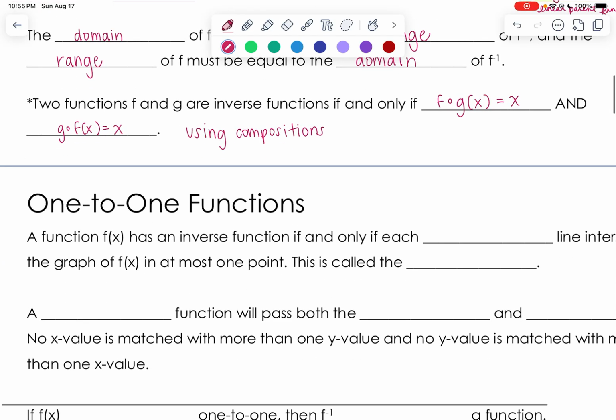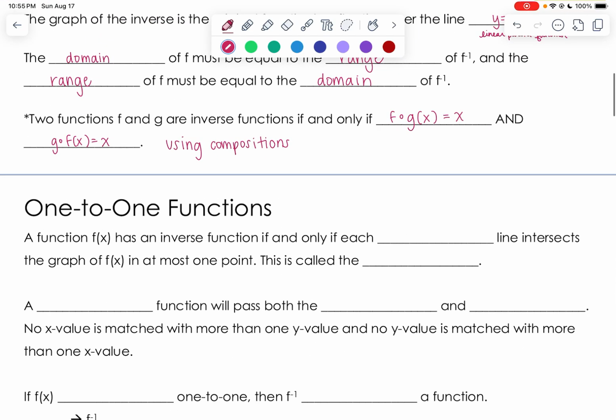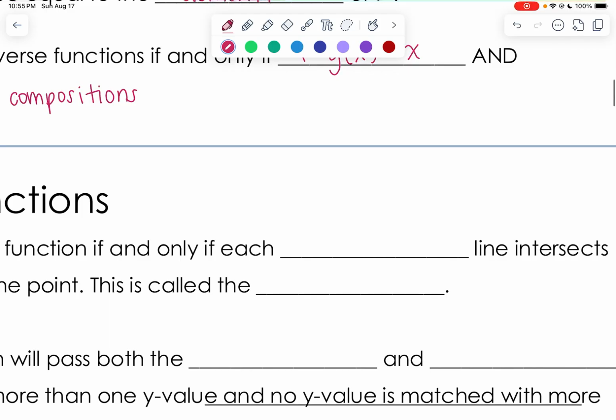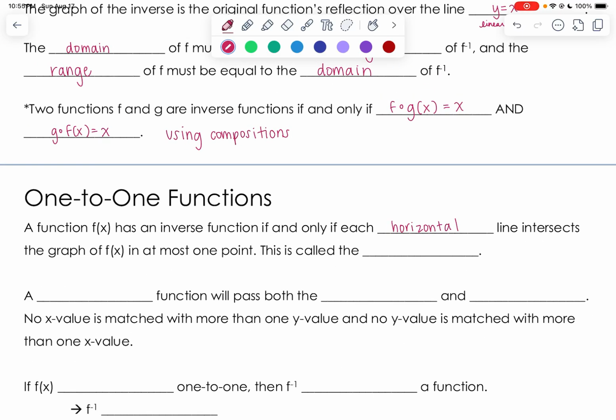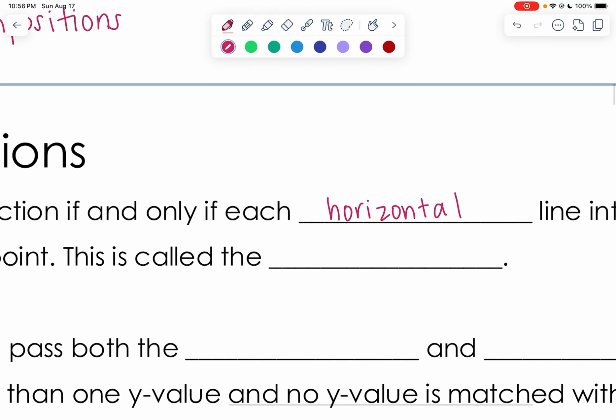Now, a function f of x has an inverse function if and only if each horizontal line intersects the graph of f of x at most one point. Okay, this is called the horizontal line test.